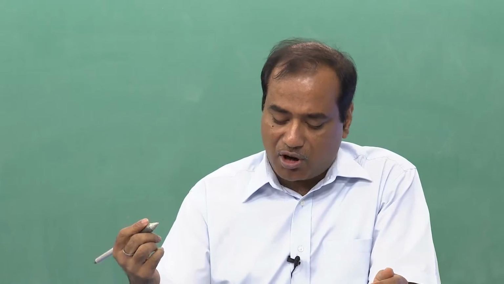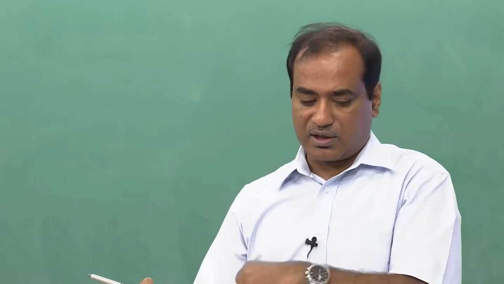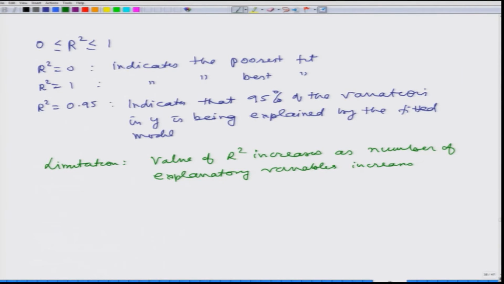So, in order to handle this limitation, we can define a variant of R square which is called adjusted R square. This adjusted R square corrects this limitation.